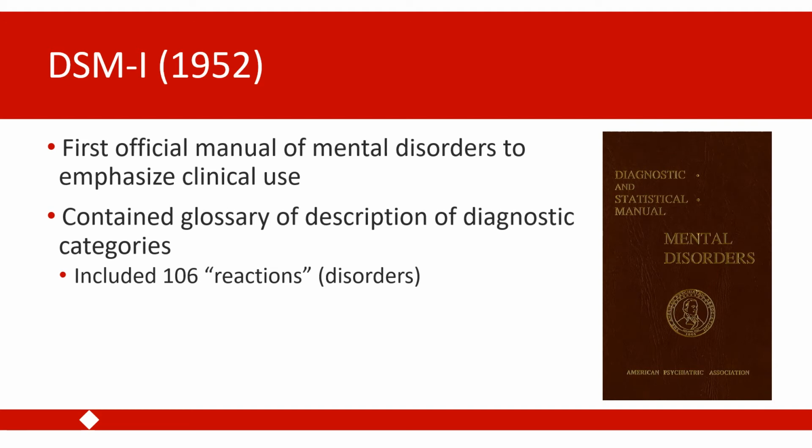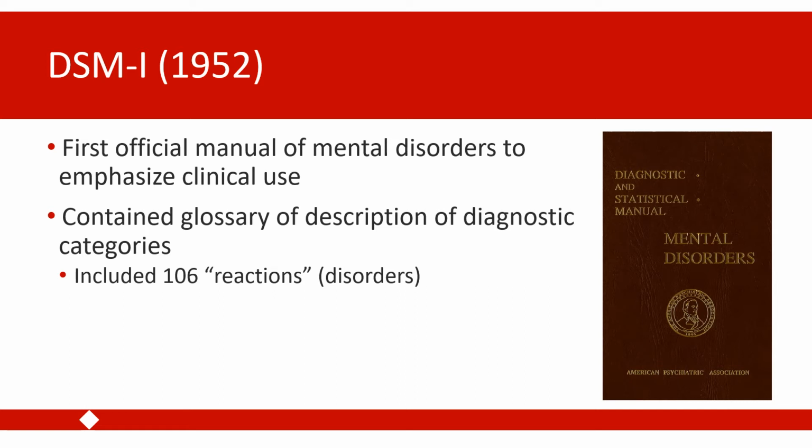Unlike modern systems that we're used to, where you might see more of a checklist approach that defines specific symptoms and says, if these symptoms are present, you meet criteria, this was a much more narrative approach. There would be paragraphs that would describe a disorder, and the clinician would assess their patient and determine which of these descriptions sounds the most like what my patient is experiencing.